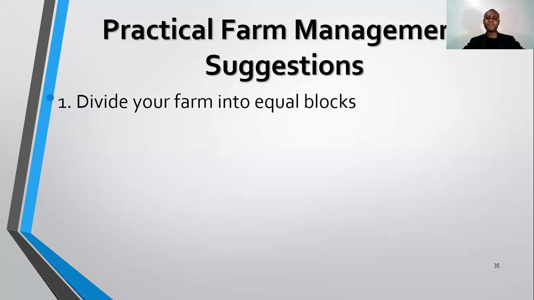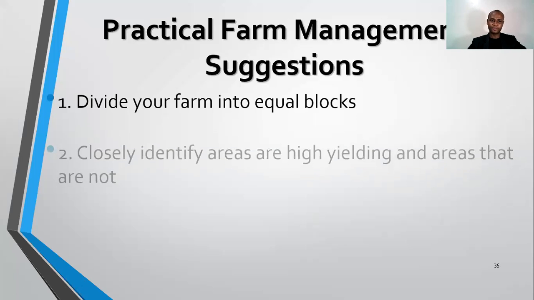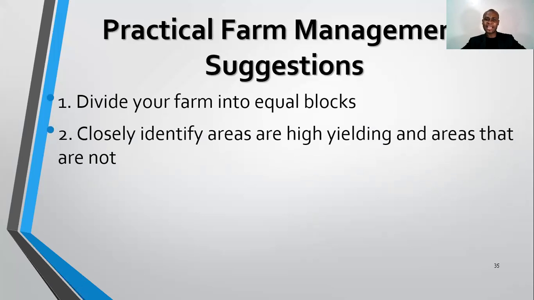Number one, divide your farm into equal blocks. Let's assume you have 1 hectare of cacao. So you can divide the farm into maybe 10 different blocks. Okay? So when you divide into 10 blocks, closely identify areas that are high yielding and the areas which are not.